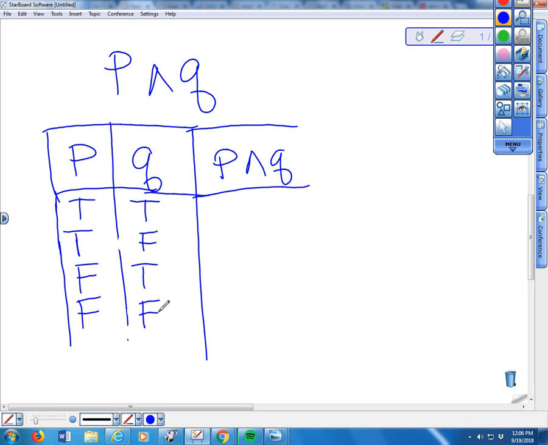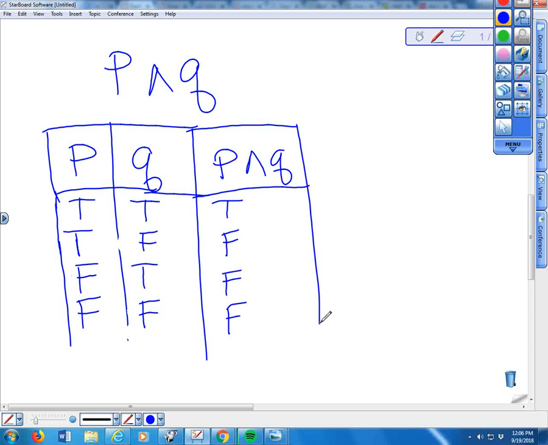If they aren't both true, then the whole thing is false. So the only time an AND is true is in this scenario. Every other time, ANDs are false. So this is the truth table for P and Q.